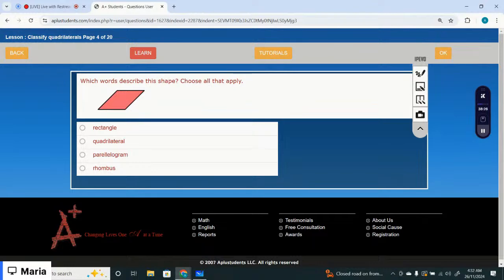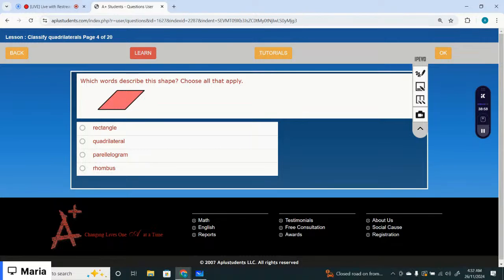Which words describe the shape? Choose all that apply. Rectangle, quadrilateral, parallelogram, rhombus.